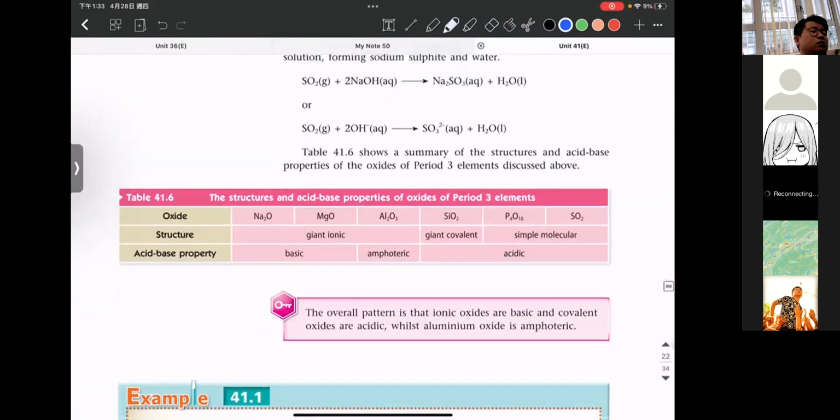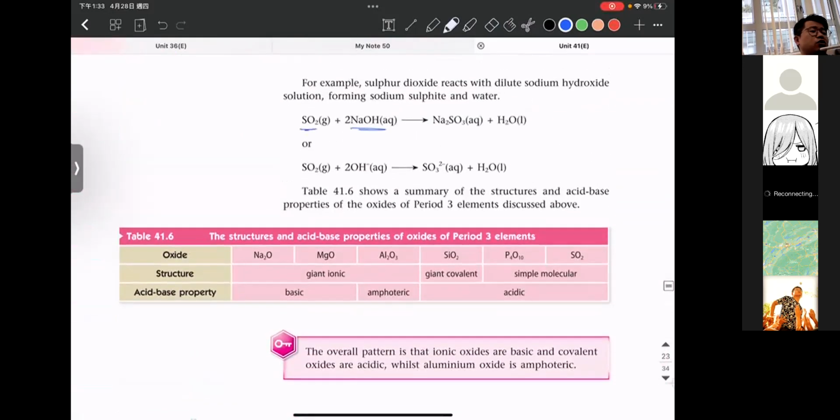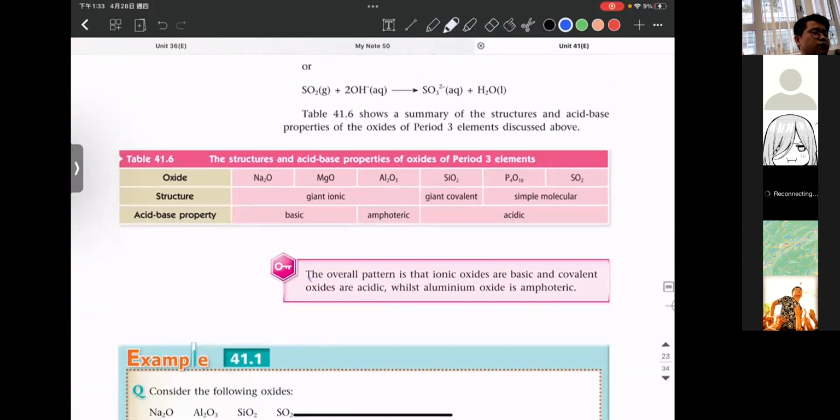Okay. So what should be done? What should be done is to learn how to memorize those different equations while you're being asked. Now the overall pattern: ionic oxides, they are basic. Covalent oxides, they are acidic. Aluminum oxide is amphoteric.